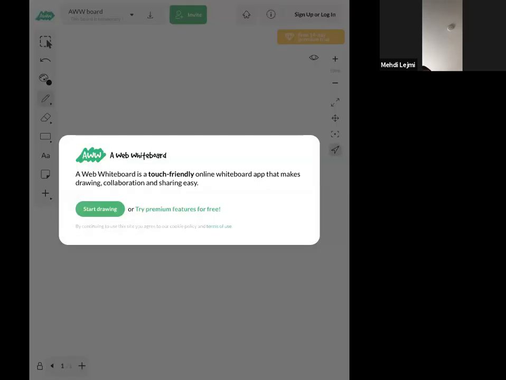Here, and then I'm gonna share, come on. What's that? Stop sharing, share the screen. Server specified host name could not be found. What's that? Okay, probably. Oh, okay, it works.